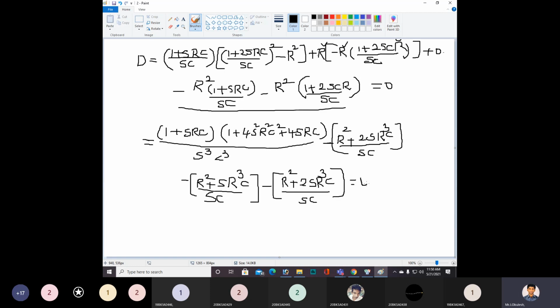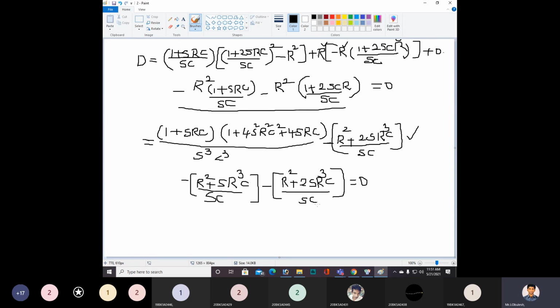equals to 0. See now, here we have minus R square plus 2 S R cube. See here we are getting this twice, right? Minus this one we are getting twice. This is 2, right? You need to write that.